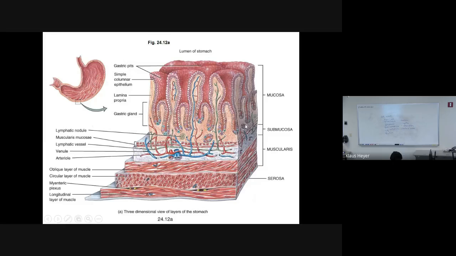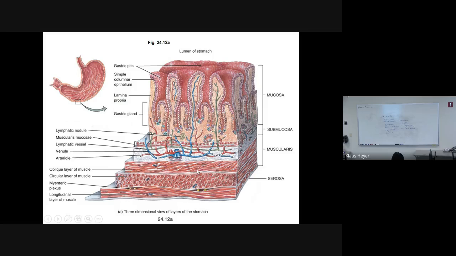So look, here's our layers. Mucosa. And there's a submucosa. We can see some glands. No, I'm sorry, this is submucosa right here. This right here is muscularis mucosa. There's submucosa.